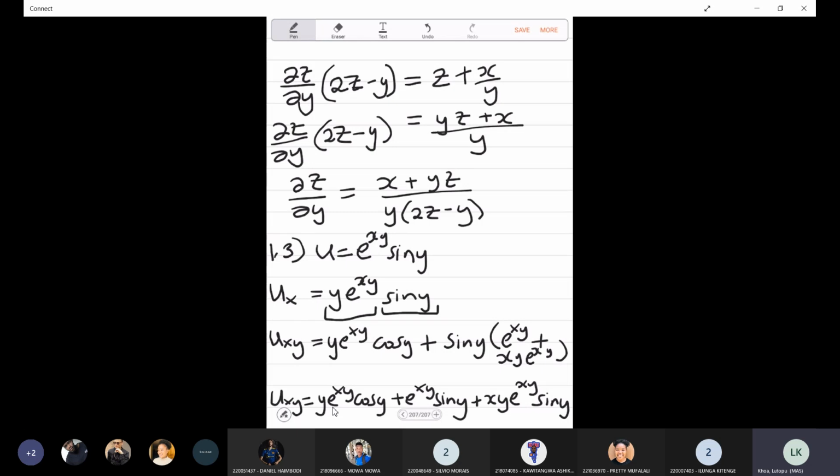Let me just see. So we have y e to the power of xy cos y, plus e to the power of xy sine y, plus xy e to the power of xy sine y. Okay, so that is our derivative.